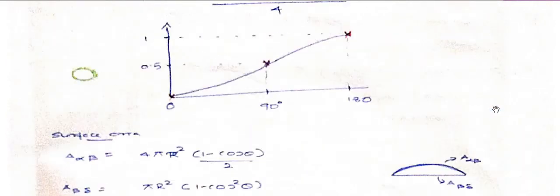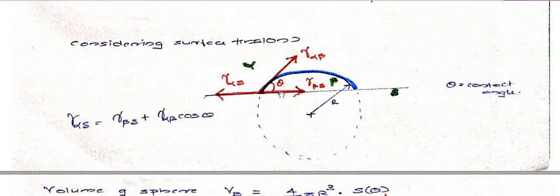Why I have written beta delta is that the explanation is given here, you can refer to that. The area alpha delta and the area beta delta are the same, because previously, before this beta phase is formed, this portion is taken up by the alpha.